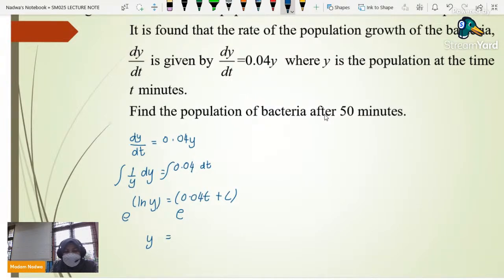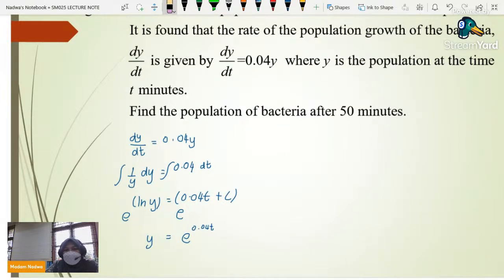And here, the common mistake that I said people always do adalah dia akan buat e to the power of 0.04t plus c. Macam tu je, dia buat turun salah. Okay, this is one thing that people always do. Okay, that's wrong. Okay, another thing that people always do adalah dia buat plus e to the power c. Pun salah juga. Okay, so this common mistake, please don't do it.